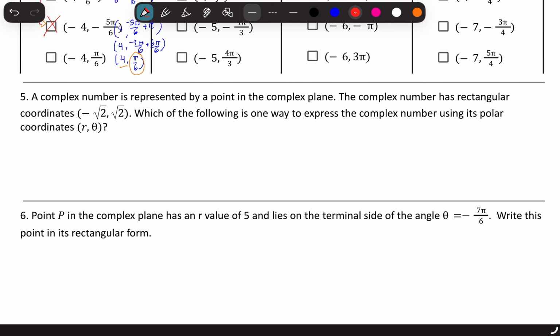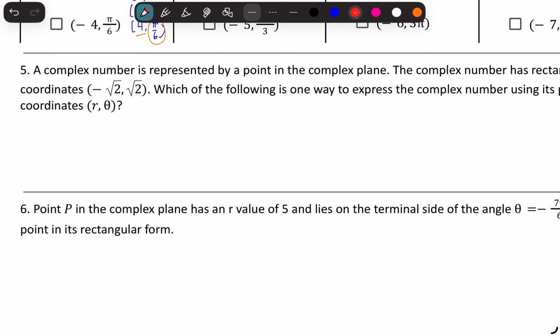Which of the following is one way to express the complex number using its polar coordinates r, theta? First, we can find r. Then you can find theta.